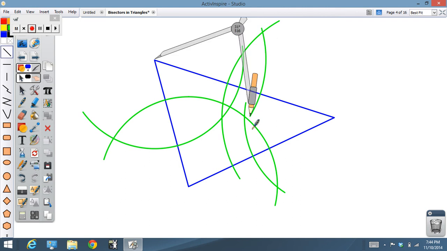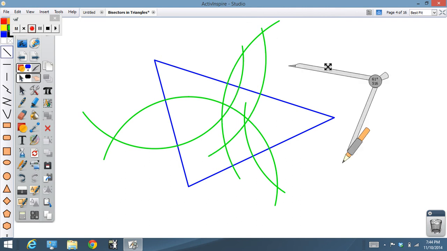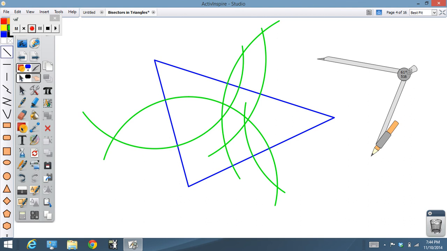Alright, here we go. Now, that should allow me to make my three lines, which should all, if I did it right.